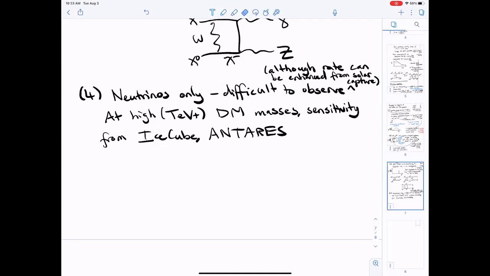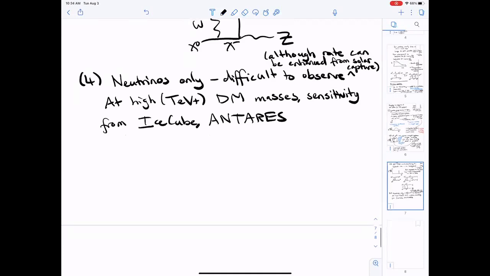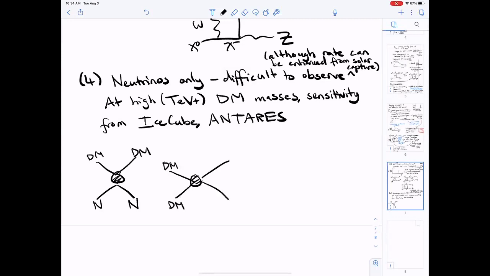And if you just have a pure scalar contact interaction, we really can just do the naive thing where we say direct detection is this diagram, and then we rotate it by 90 degrees and get this diagram for annihilation, and you just assume that both of these are described by some number.